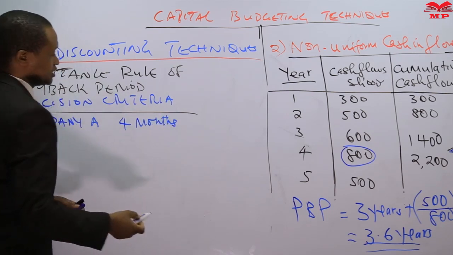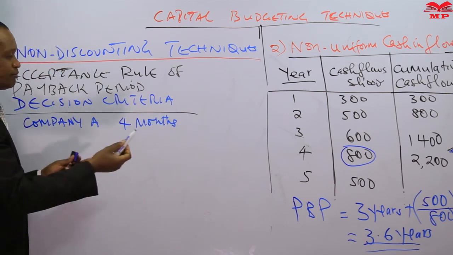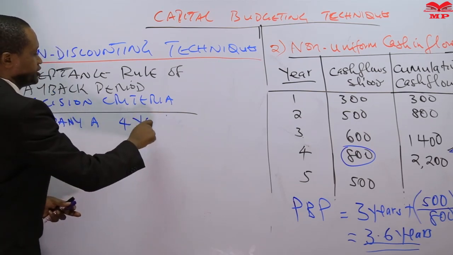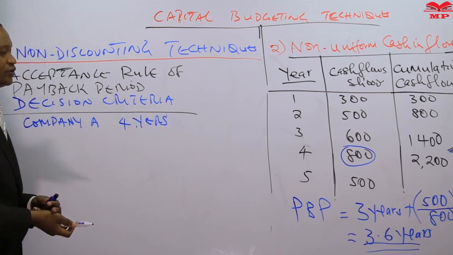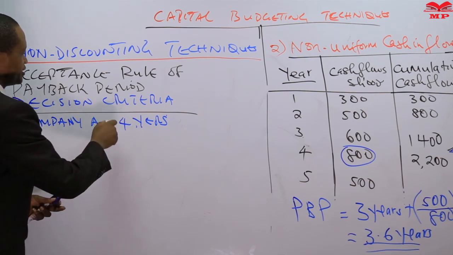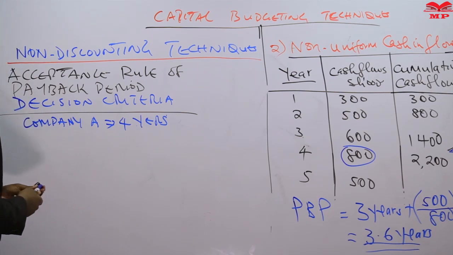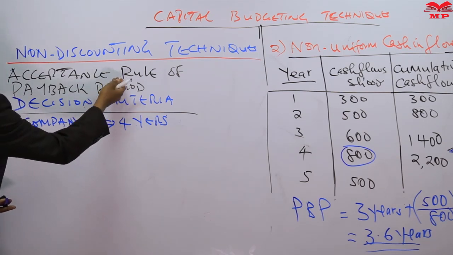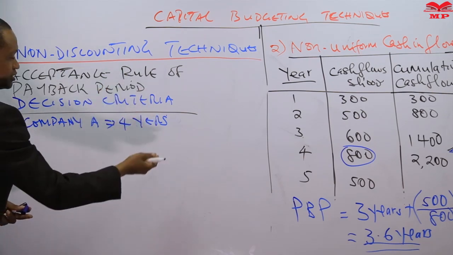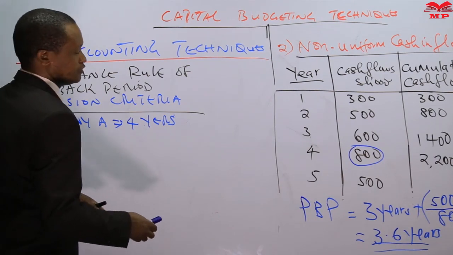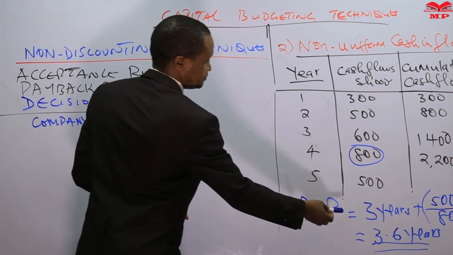So the project that is to be accepted based on this rule should be the one that is less than the 4 years. And we can even use this example here.